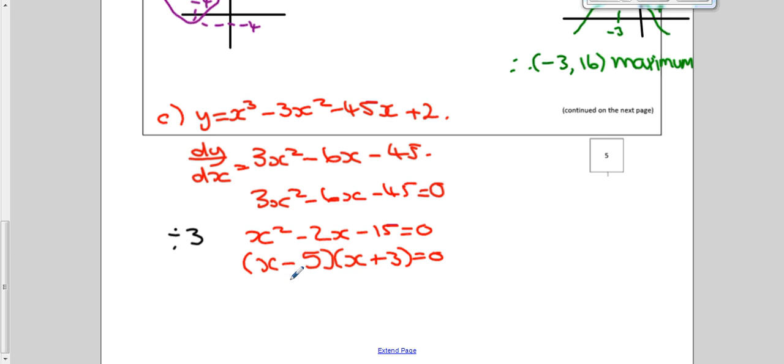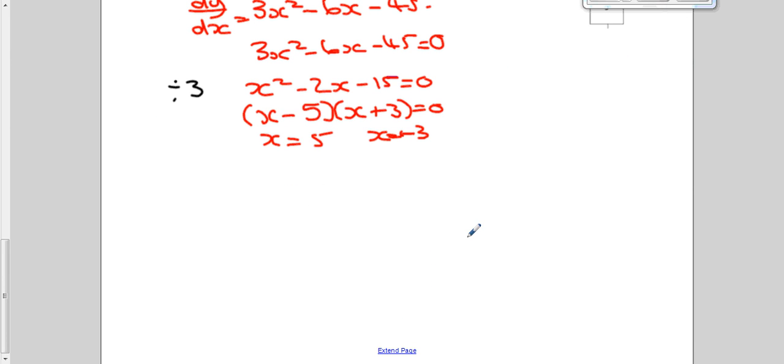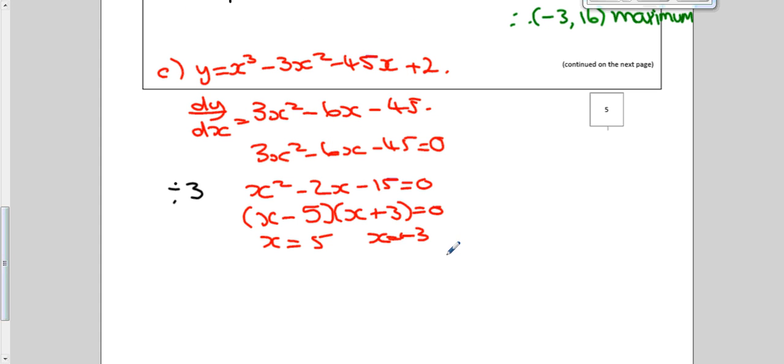So now I have 2 points that are stationary, one with the x value of 5 and one with the x value of minus 3. So I need to find each of the y values that correspond with these x values. So I need to substitute each one of these back into the original equation to find the y values.